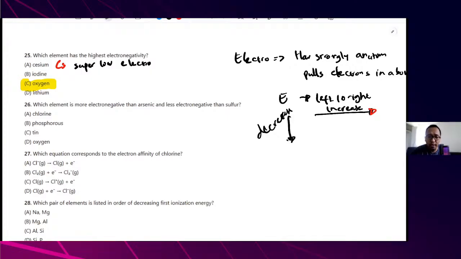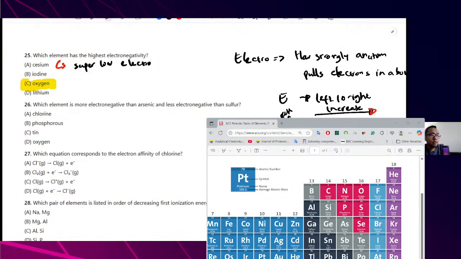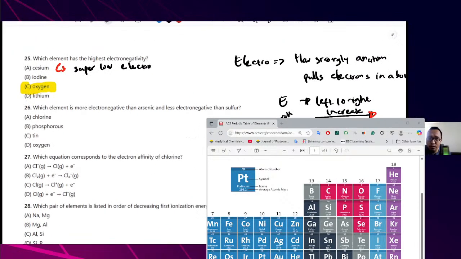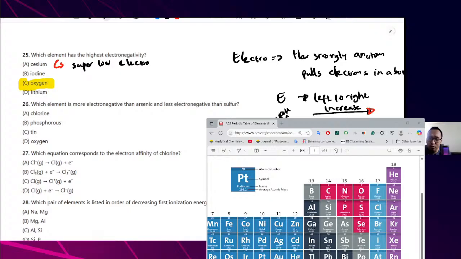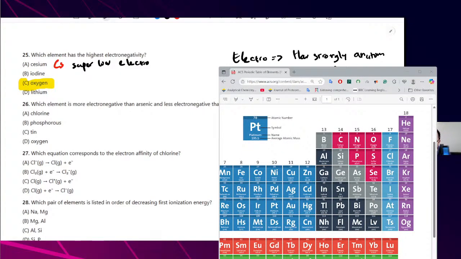Let's take a look at the periodic table again. If you look at the periodic table, arsenic, As, is in group 15. Its atomic number is 33.